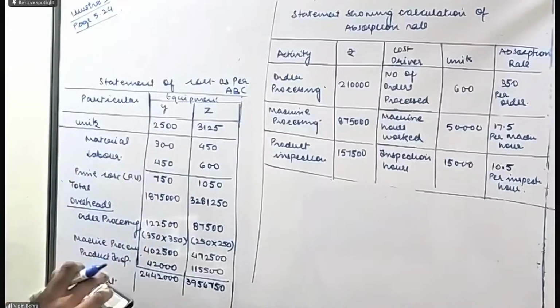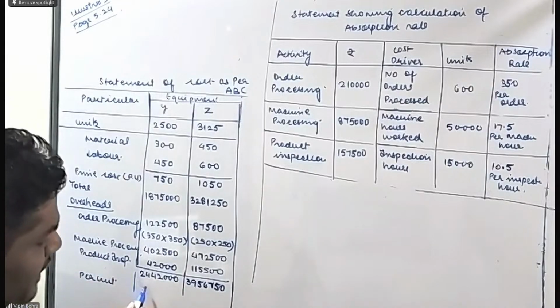If we divide it by number of units, we will get the cost per unit, that is 976.8.